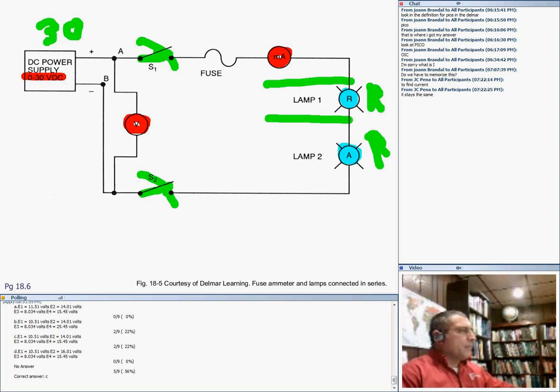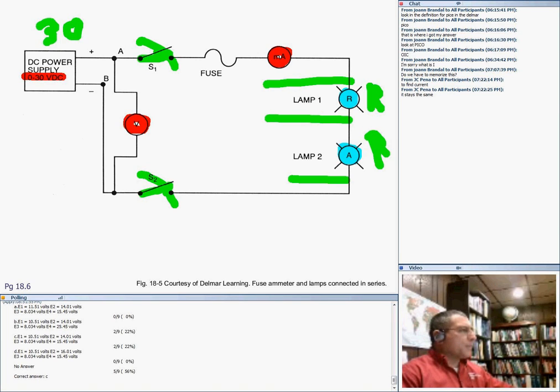Can you check with me what the voltage across lamp 1 and lamp 2 would be if they are the same size, the same resistance? Quick chat. I want to remind you again, the source voltage is 30. These two lamps are sharing the voltage in series.